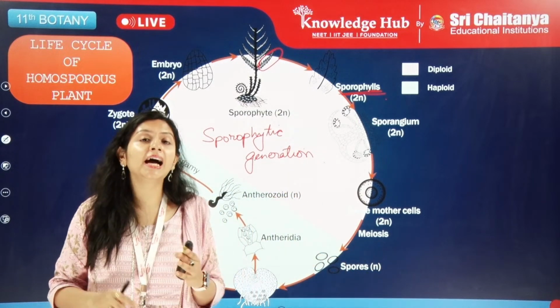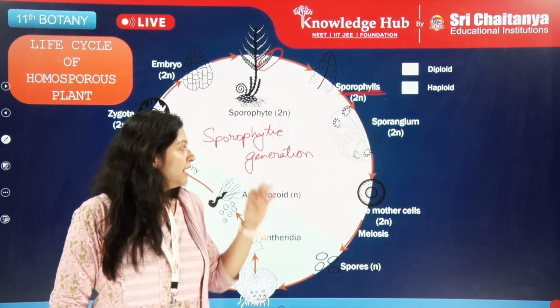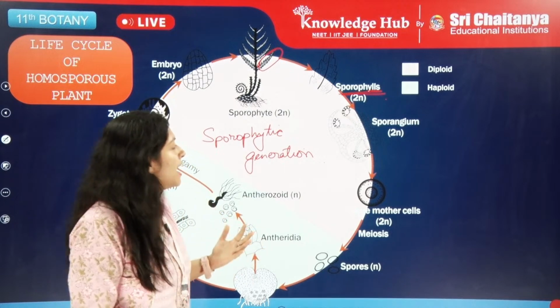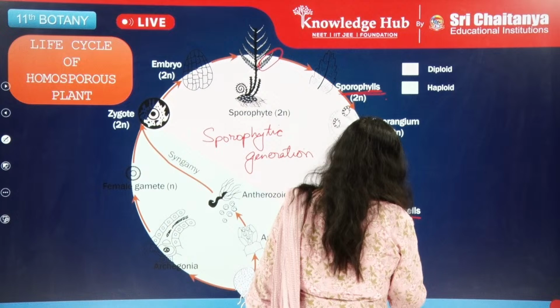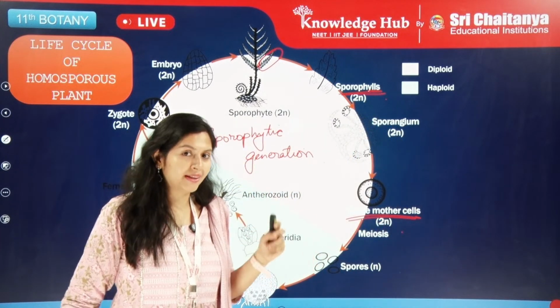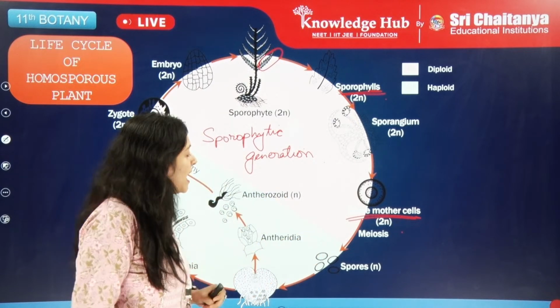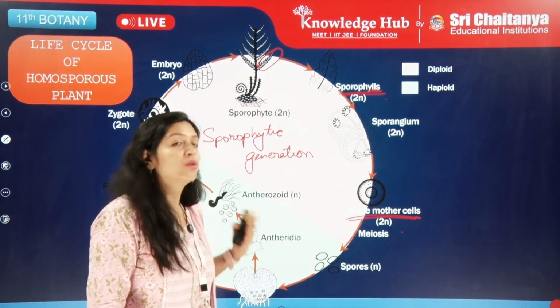Inside the sporangium there are certain spore mother cells. These spore mother cells will undergo meiosis, and after this will form spores.